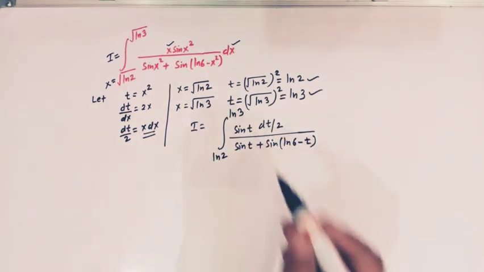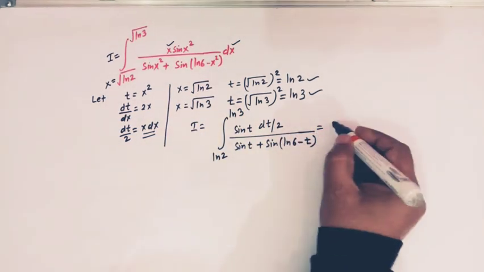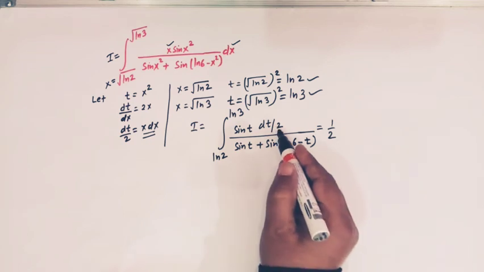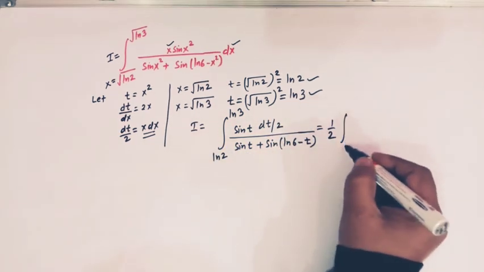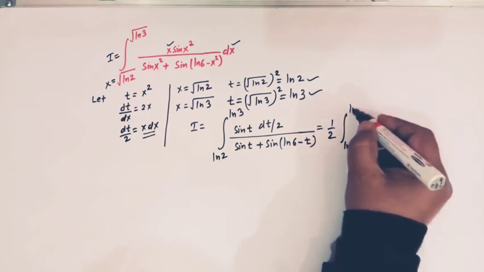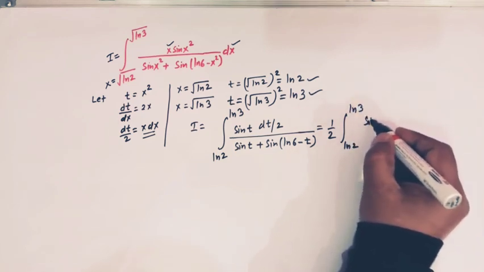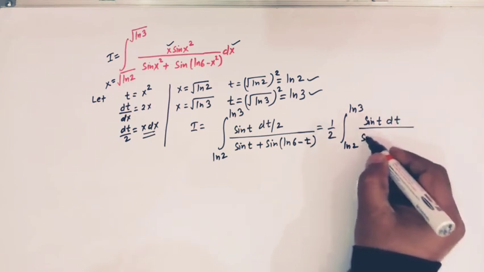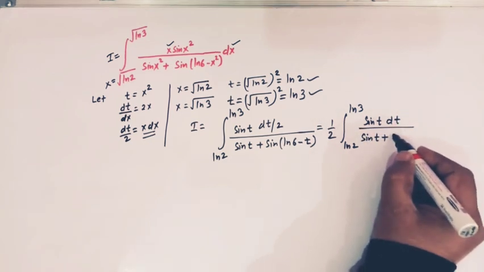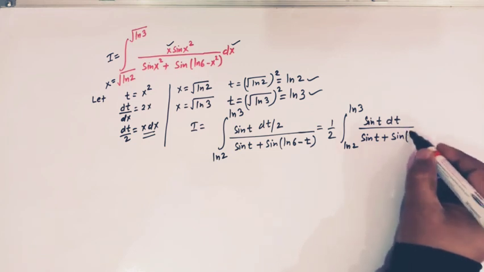Now we can rewrite this integral as half, taking half outside the integral sign, of the integral from ln 2 to ln 3 of sin t dt over sin t + sin(ln 6 − t).